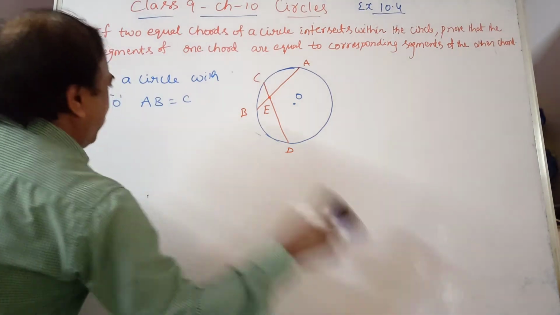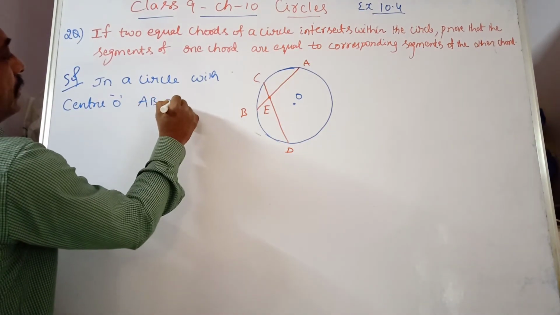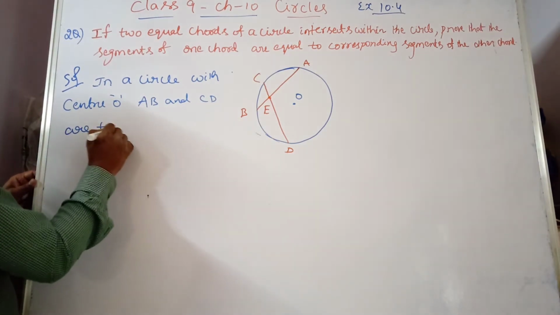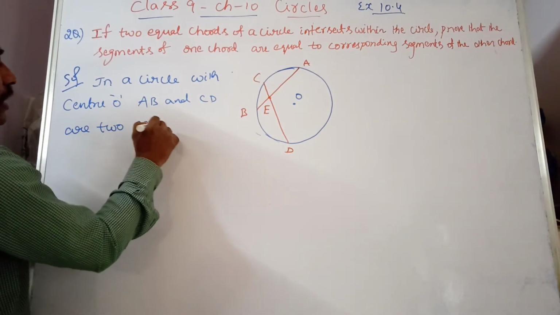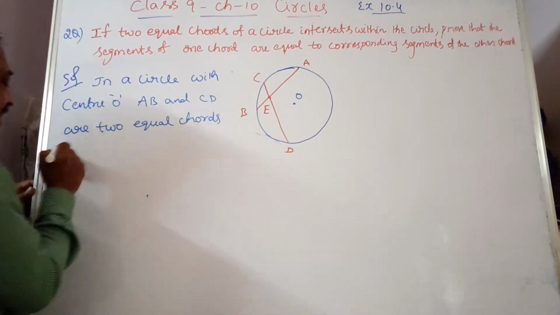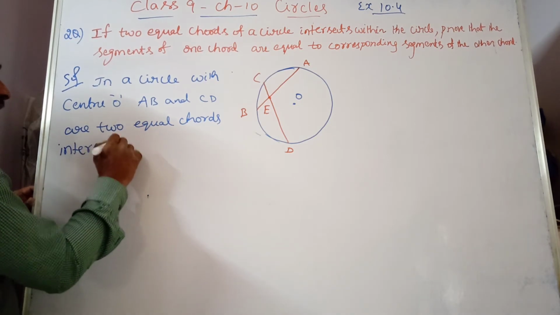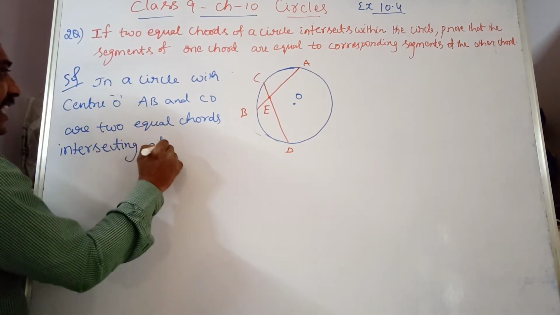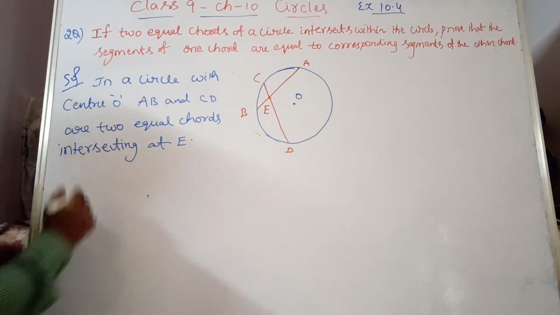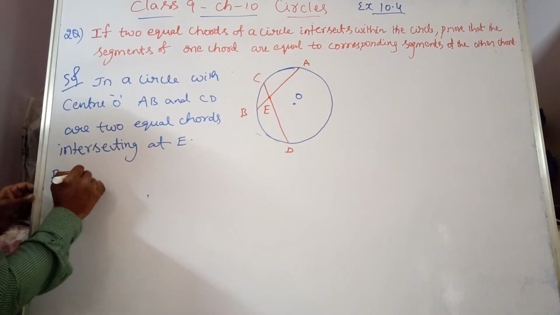Two chords AB and CD are two equal chords intersecting at E. Required to prove: what we have to prove.